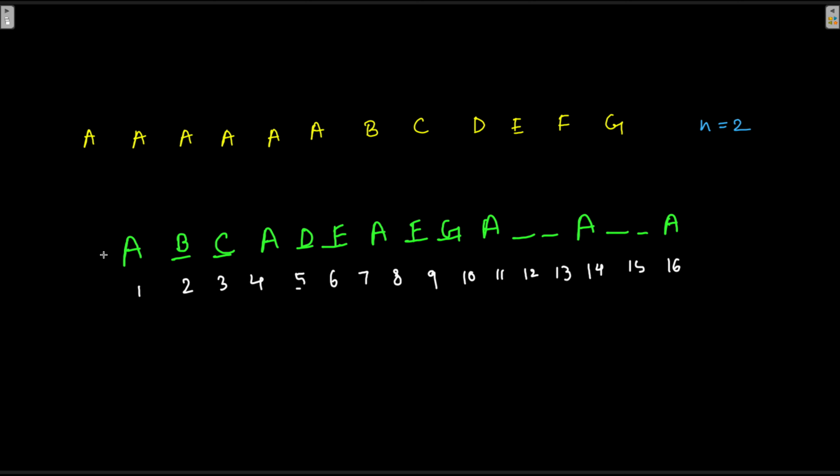So what we have answered here is, let us take A and then there will be a cooldown period of 2 CPU cycles in between, and then another A, then 2 cycles, then another A, and then 2 cycles. These cooldown cycles could be filled in by B, C, D, E, F, G. But even after that, you see there are 4 cycles that are still left, which are going to be idle.